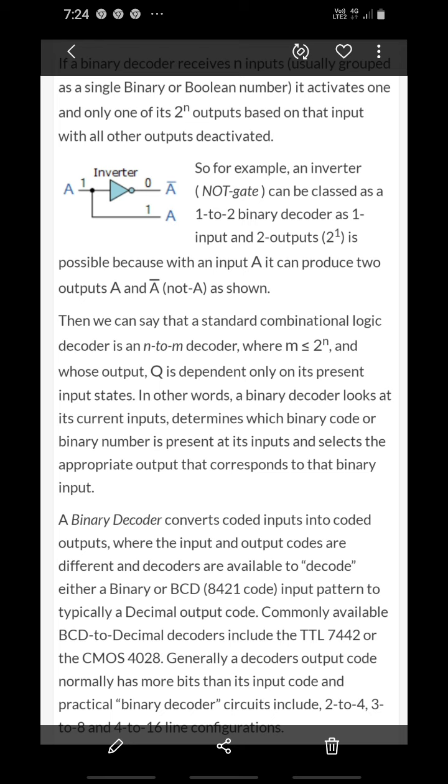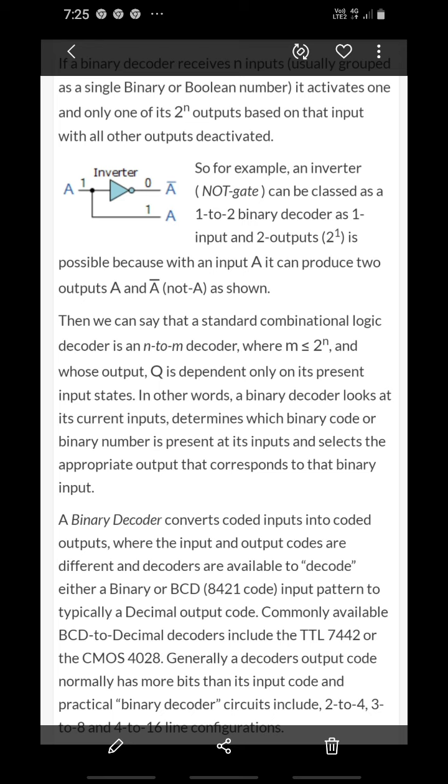A binary decoder converts coded inputs into coded outputs where the input and output codes are different, and decoders are available to decode either a binary or BCD. BCD is also known as the 8421 code input pattern to typically a decimal output code.